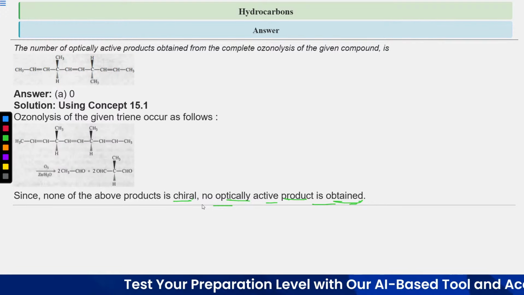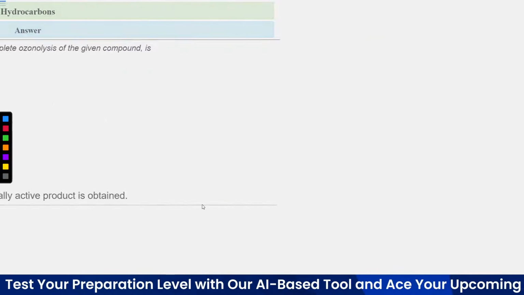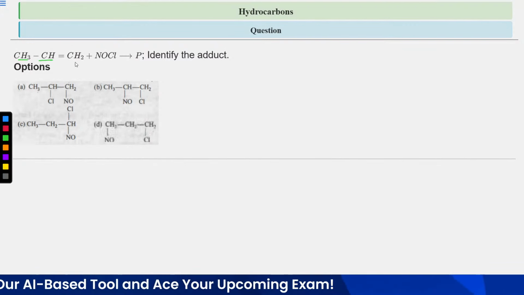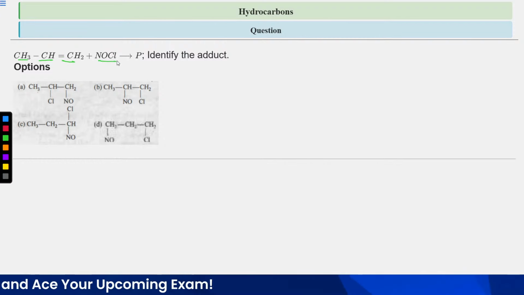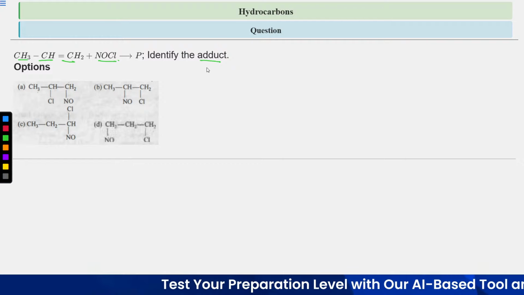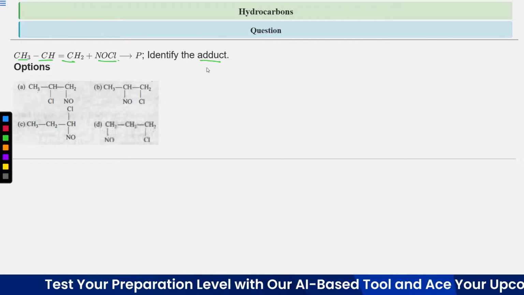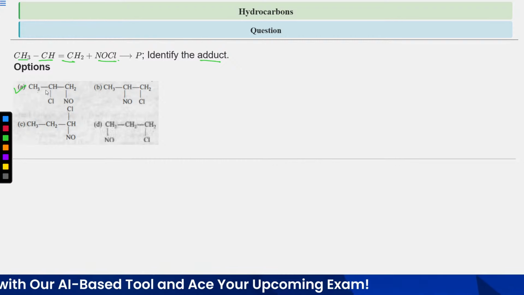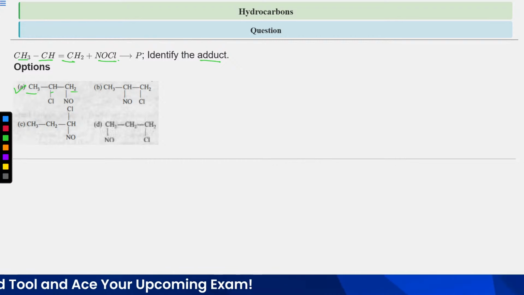Okay, let's move on to the next one. CH3 single bond CH double bond CH2 plus NOCl giving us product P. Identify the adduct. So we have a reaction here and we have to identify the adduct. The options are: A, CH3, CH, CH2, in which chlorine is attached at the second position and NO at the third position.